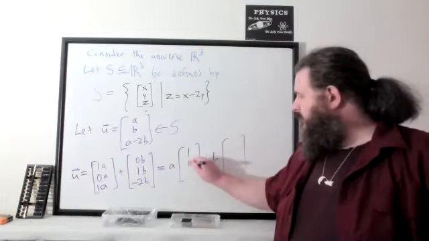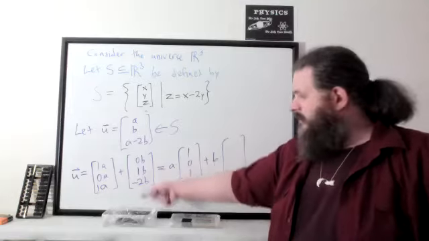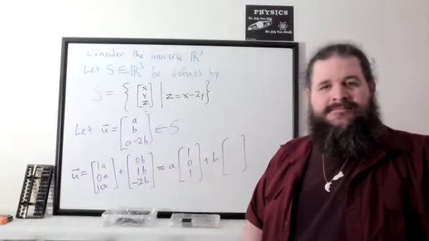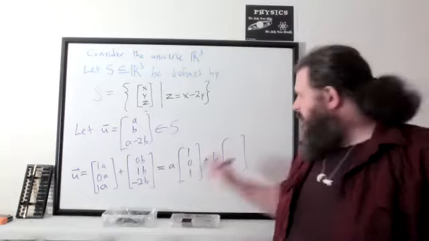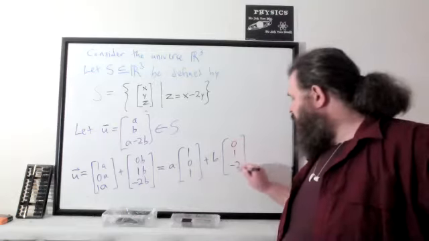Yeah, 1, 0, 1. And when we factor B out of this one, yeah, 0, 1, negative 2.